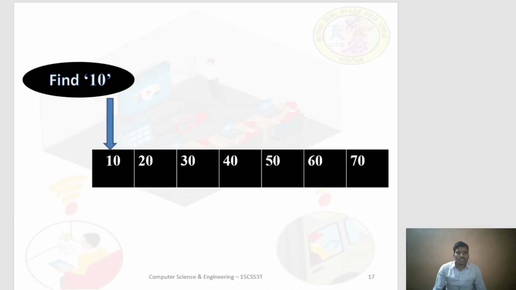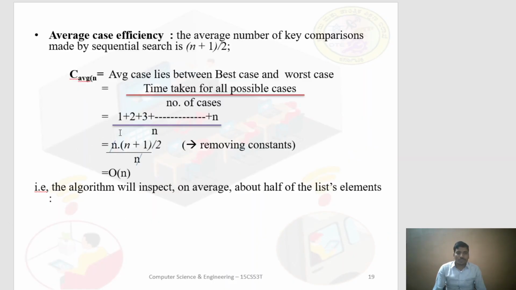So let me take this example. So comparison ಎಲ್ಲಿಂದ ಸ್ಟಾರ್ಟ್ ಆಗುತ್ತೆ, ಫಸ್ಟ್ ಲಿಂದ ಸ್ಟಾರ್ಟ್ ಆಗುತ್ತೆ. ಫಸ್ಟ್ ಕಂಪ್ಯಾರಿಸನ್, ಸೆಕೆಂಡ್ ಕಂಪ್ಯಾರಿಸನ್, ಥರ್ಡ್ ಕಂಪ್ಯಾರಿಸನ್, ಫೋರ್ತ್ ಕಂಪ್ಯಾರಿಸನ್, ಫಿಫ್ತ್ ಕಂಪ್ಯಾರಿಸನ್, ಸಿಕ್ಸ್ತ್ and seventh, like this. So here the 7 is the size of the array. Likewise here 1 plus 2 plus 3, this summation expression represents the time taken for all possible cases, divided by number of cases. So here the number of cases will be the size of the array.